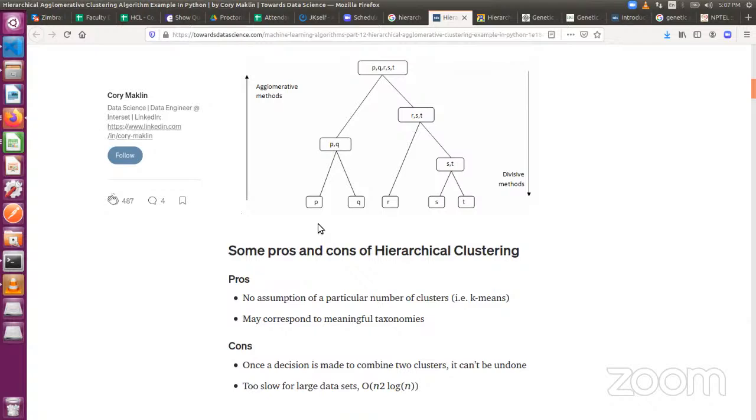So clustering is nothing but grouping. How we are going to group is that, suppose you have five elements. Among these five elements, you're going to choose which two elements are closest to each other. For example, here we have P, Q, R, S, T. These are representations of, let's say, points.